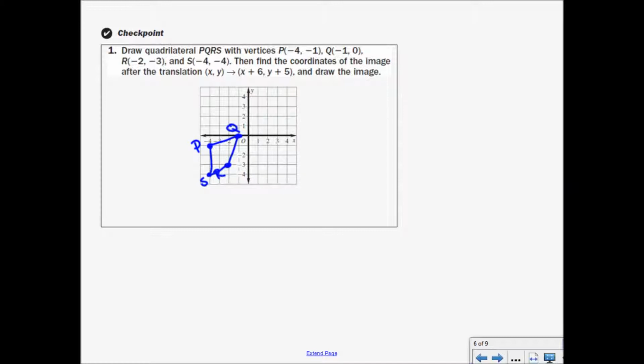Then find the coordinates of the image after translating x, y to x plus 6, y plus 5, and draw the image.